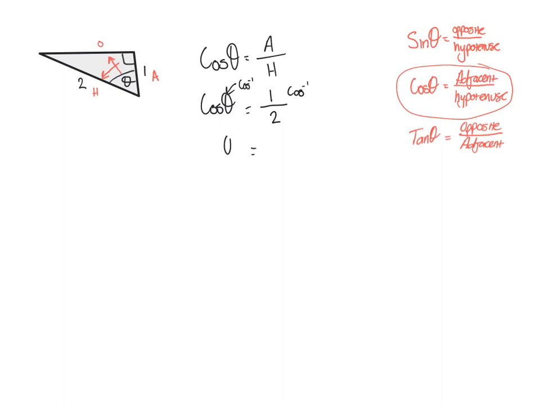So what we end up with is theta on its own, but now we have inverse cosine, and that fraction is inside the brackets. So at this point, we would get our calculator out, type in inverse cosine of 1/2, and we'll see what we get. So we get 60. So that means that the missing angle inside this right angle triangle is 60 degrees.